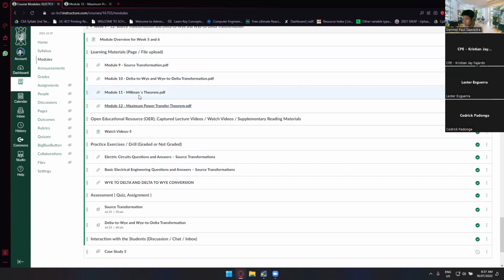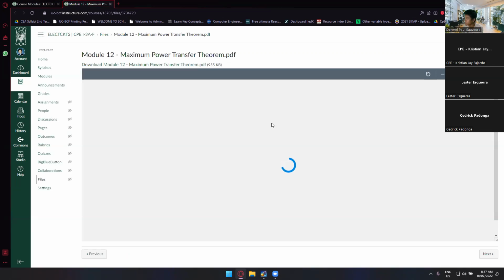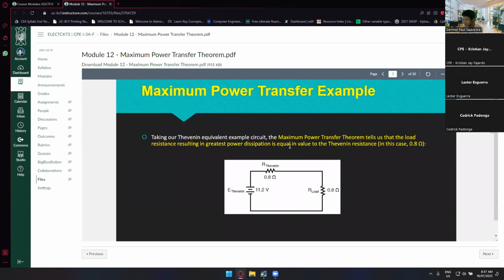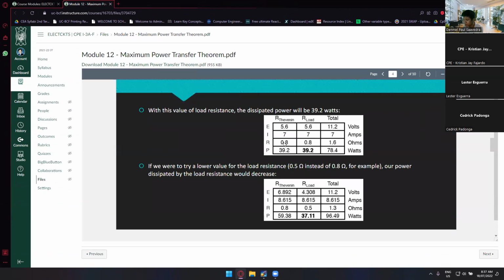But Millman's theorem is like a new theorem, so you guys need to review a little bit more on Millman's theorem compared to the maximum power transfer theorem. This is actually just a short theorem, just getting the maximum power transfer, or the maximum power transfer pattern.